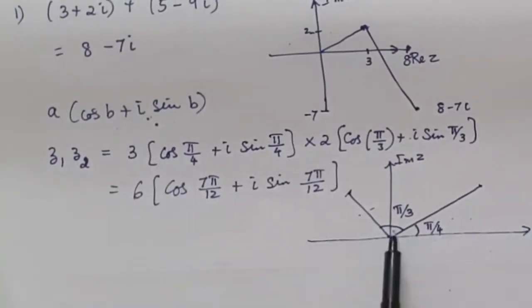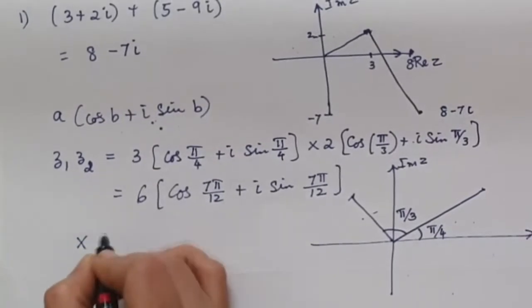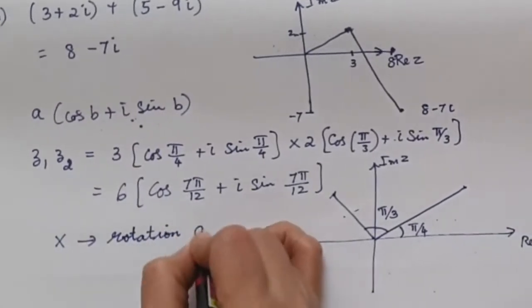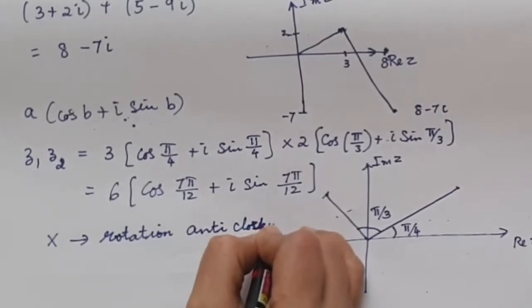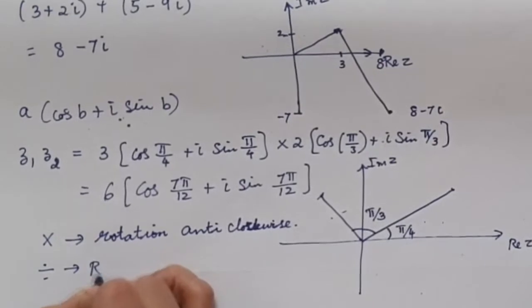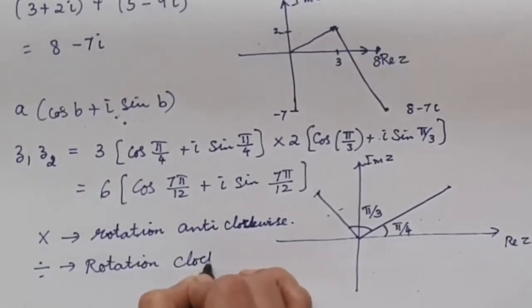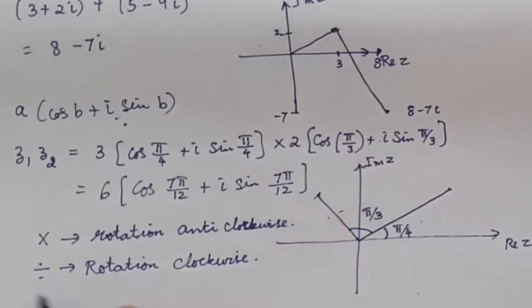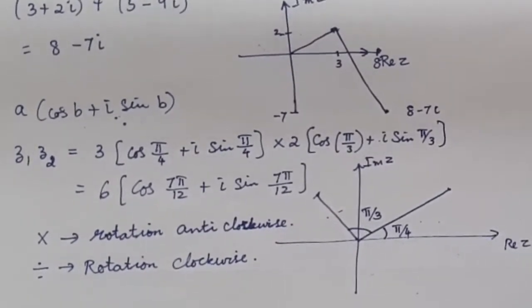For division, it gets rotated in the clockwise direction. This is the only thing which you have to remember for multiplication and division.